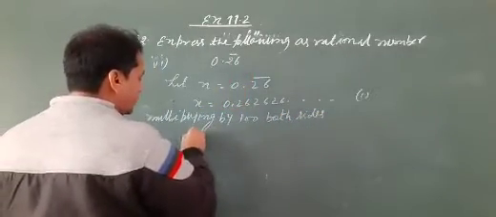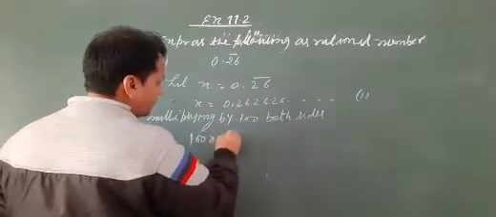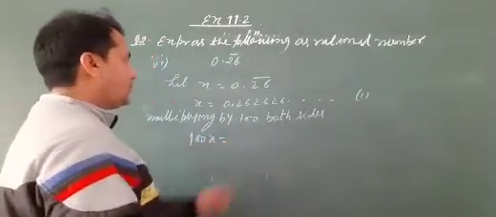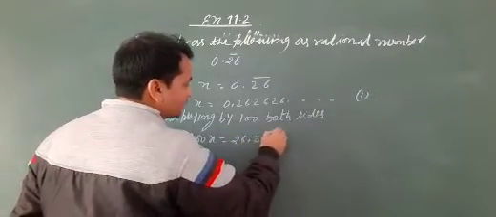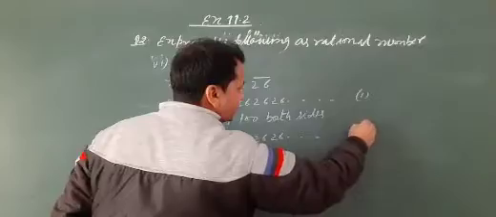So here 100x equal to 26.2626 repeating, that is the second equation.